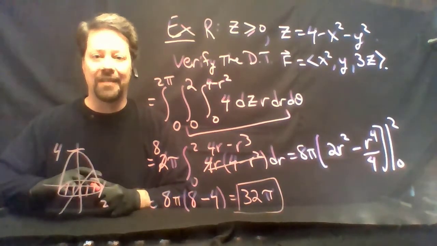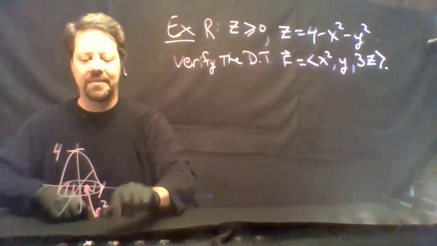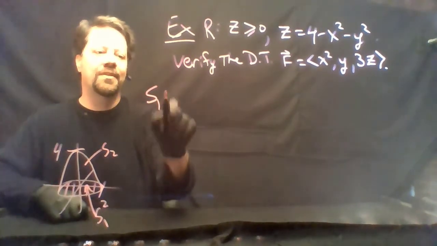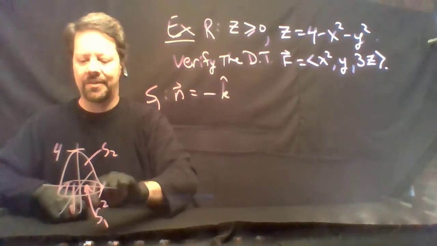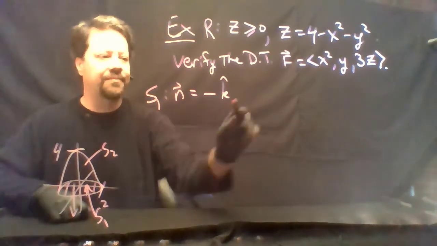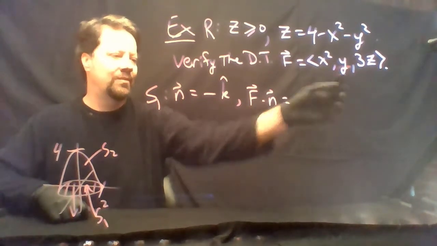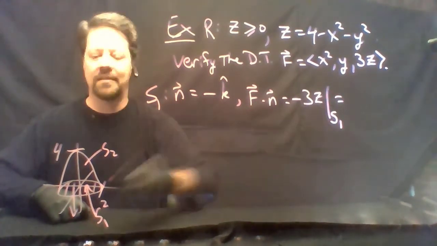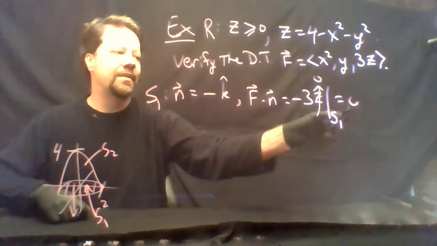That's the total flux. The boundary surface will have two faces, surface 1 and surface 2. On surface 1, the unit exterior normal is minus k, because it points straight down at each point along that lower surface. That means F dot n will be minus 3z, which if we evaluate on surface 1, z all the way across surface 1 is 0.